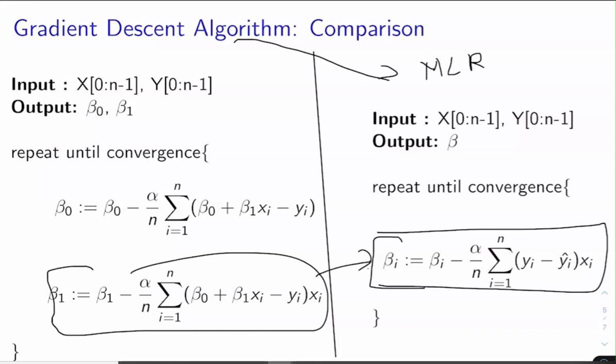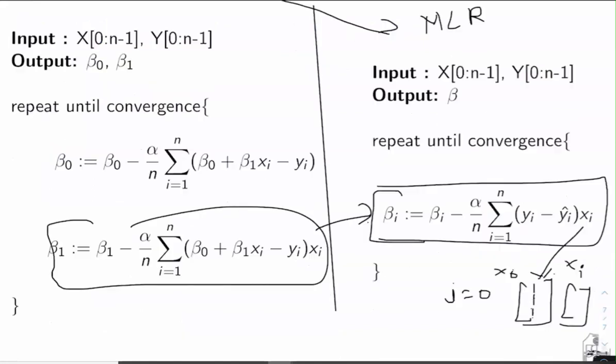In case of i equal to 0, this xi is a unit vector of 1, 1, 1. In other cases, it is the values of the ith feature vector. In case of the zeroth vector, this xi is 1, 1. So this is the gradient descent algorithm for multiple linear regression modeling.